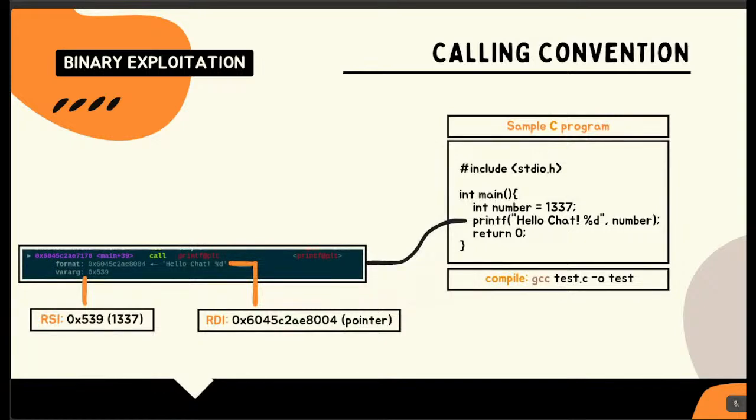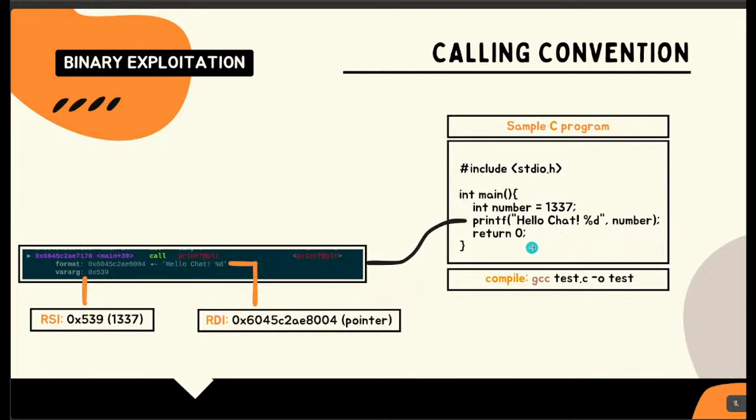Cool. So this is binary exploitation, right? Let's create a sample program which includes the library. I'm pretty sure you know what a library is from the previous session. In the main function, we can see number is 1337, and then it is calling printf with "hello chat" and the number.